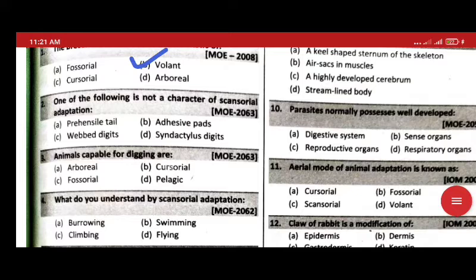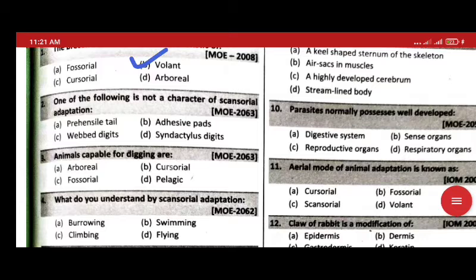Which one of the following is not a characteristic of scansorial adaptation? So what is scansorial? Scansorial or arboreal, both are for climbing.